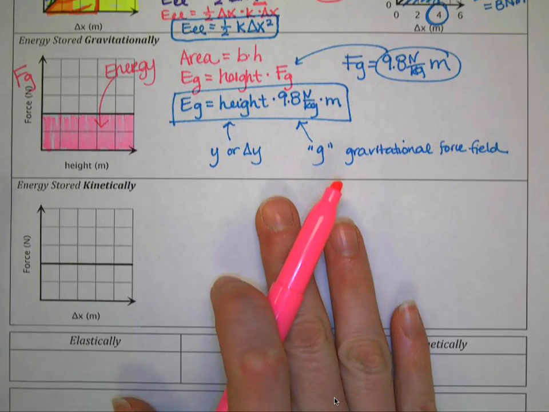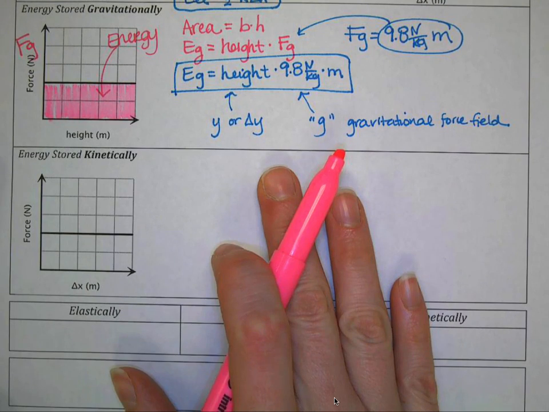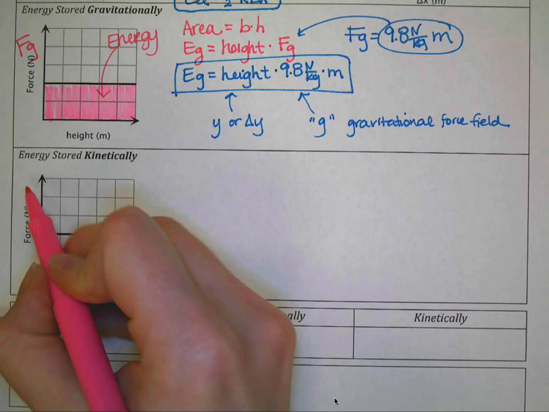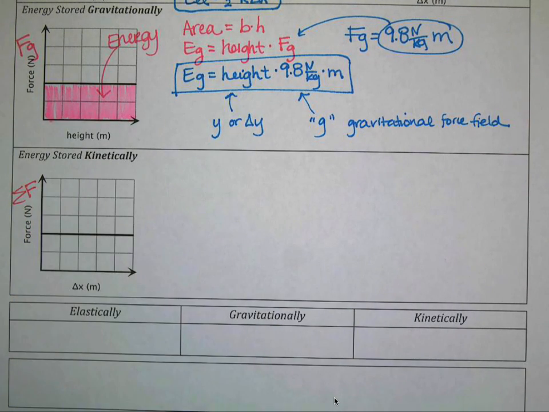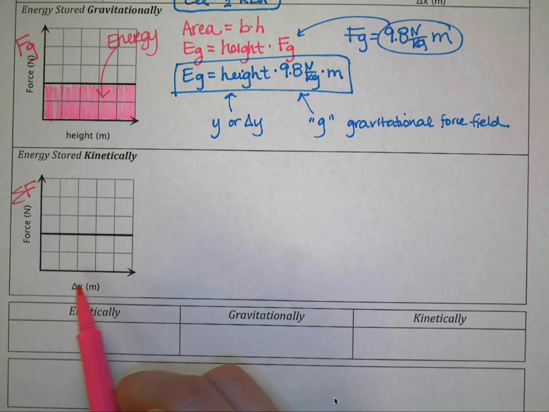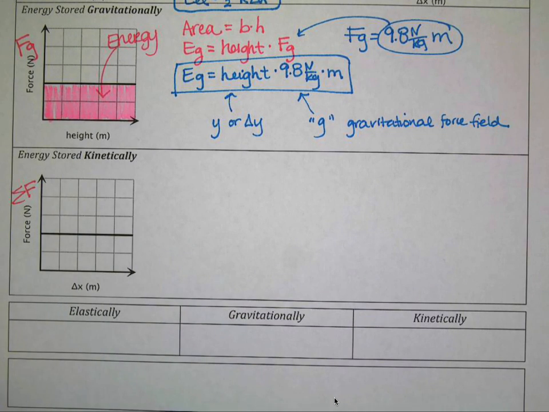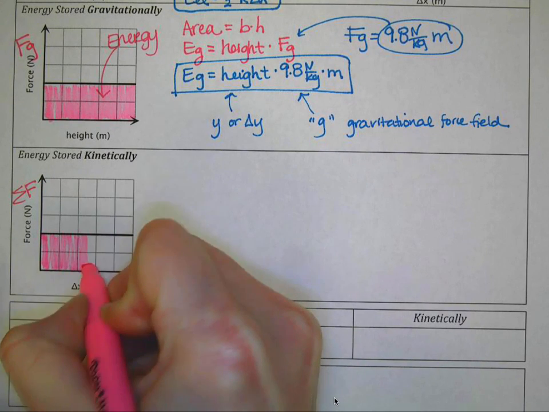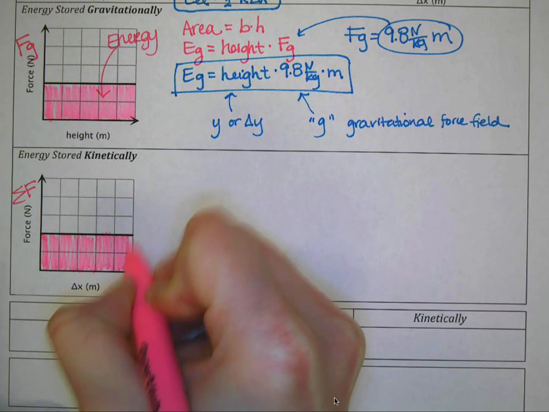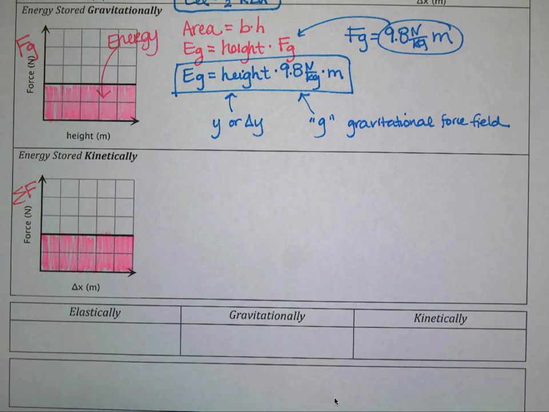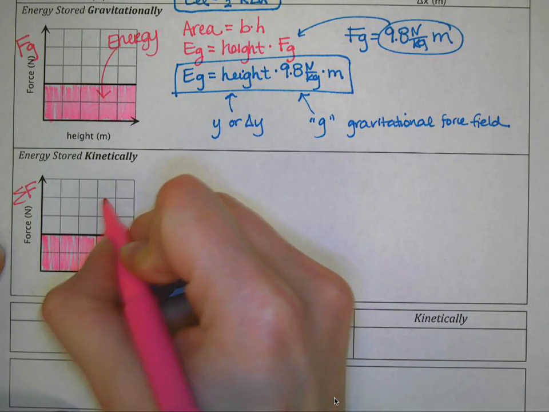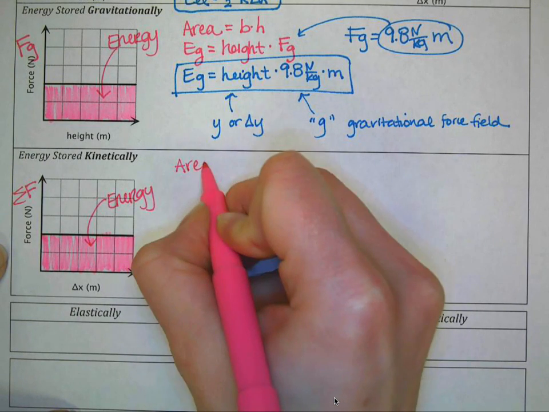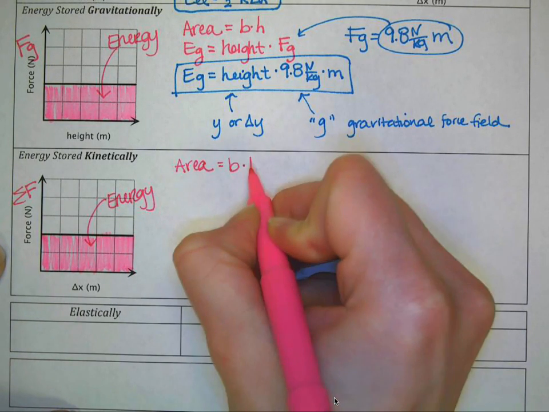For this one, we can take a look at, again, if we apply a force, and in this case, it's going to be a net force that we're applying to something to get it to move a displacement, we can see that that net force causes the same displacement each time. This energy, again, is represented by the area under the graph. So we can look back to area equals base times height.